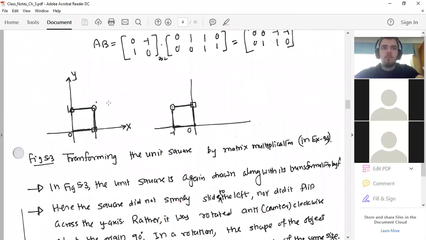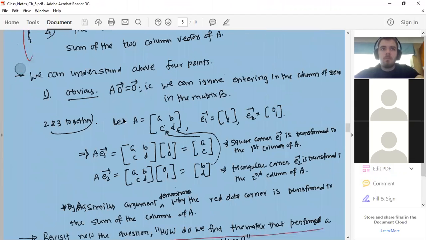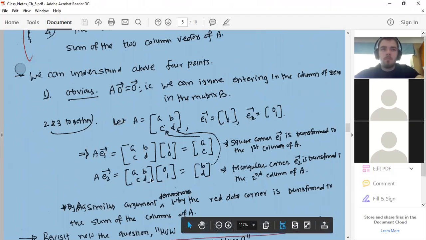Again, please pay attention here. (1, 0) is my unit vector along the x-axis, and (0, 1) is a unit vector along the y-axis. This one is transformed to the first column of matrix A, and this one is transformed to the second column of matrix A. Always keep this in mind. So A times E1 is the first column, and (0, 1) is E2, so A times E2 equals B and D, which is the second column.